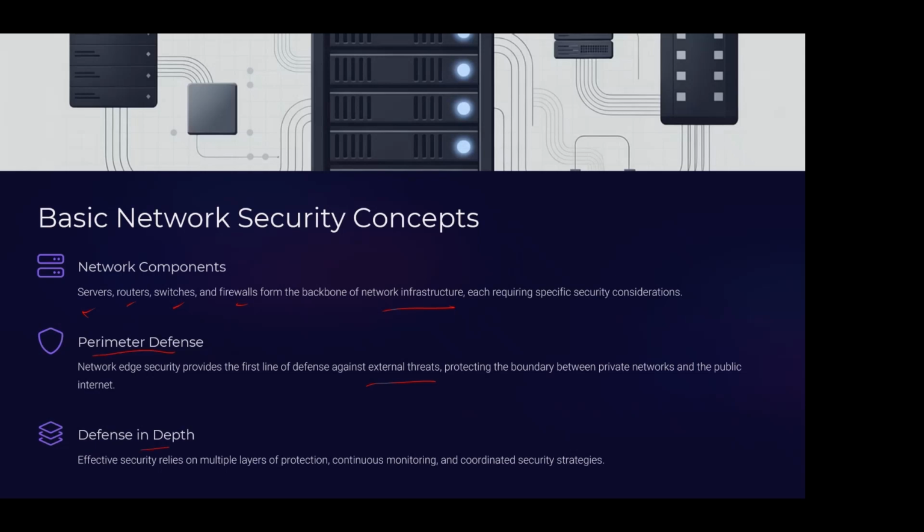Then, lastly, we have defense in depth approach, which means that you have to provide overall security. Effective security relies on multiple layers of protection, continuous monitoring, coordinated security strategies. Now, let's take an example of airport. When you reach the airport, you have to take a flight.